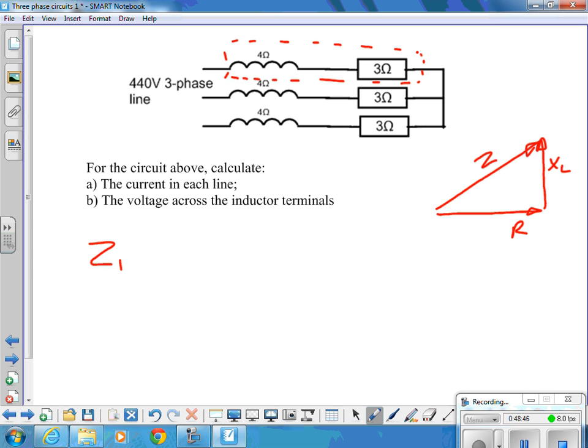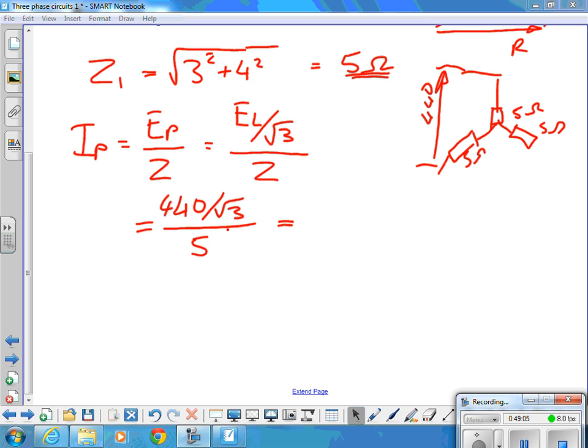So by Pythagoras, you're right, Joe, Z is root 3 squared plus 4 squared. What do we get?